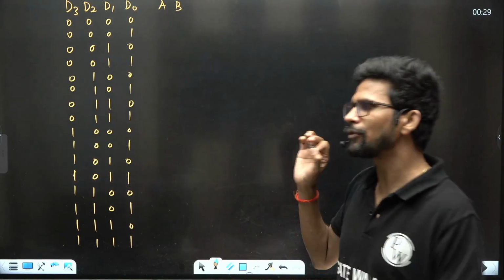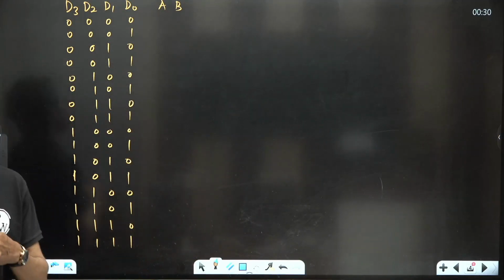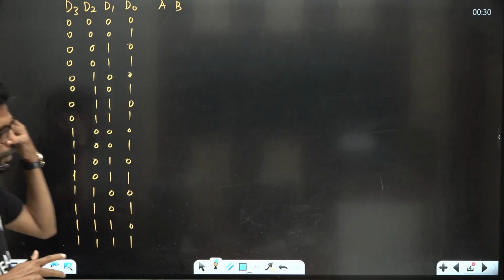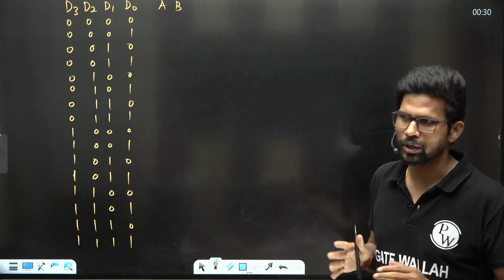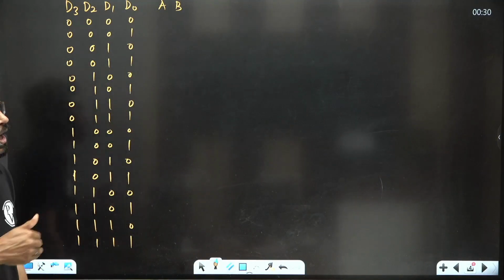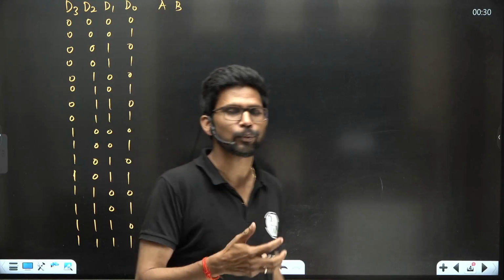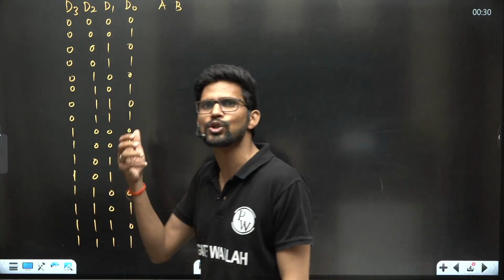So this combination will not happen at all on the input side of the encoder. And for an input combination which cannot occur, the output corresponding to that input is taken as don't care.